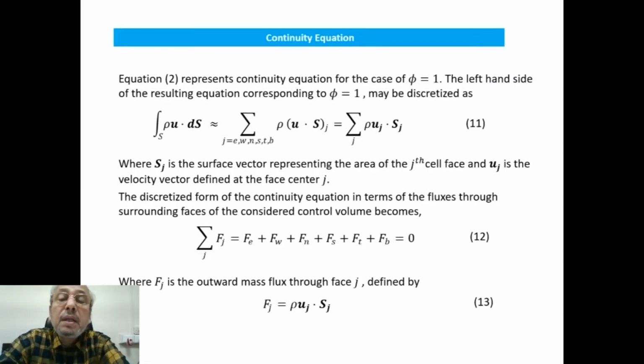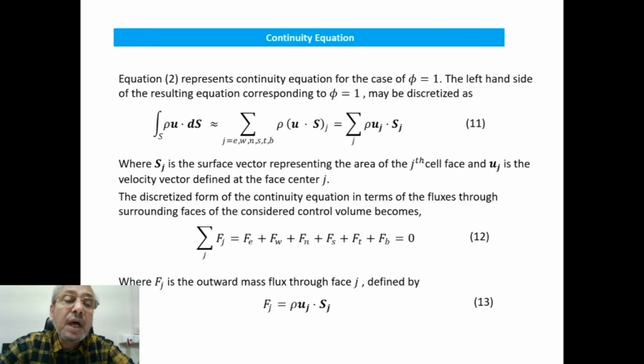Now again, let us refer to general equation 2 and try to get the expression for the continuity equation. In order to get the expression for the continuity equation, we have to substitute phi equal to 1, and we have also seen that the source S phi will be 0, and the coefficient of diffusivity, that means gamma phi, will also be 0.